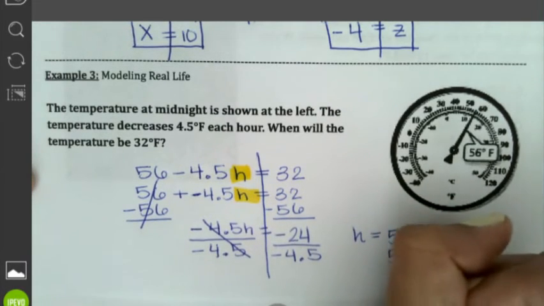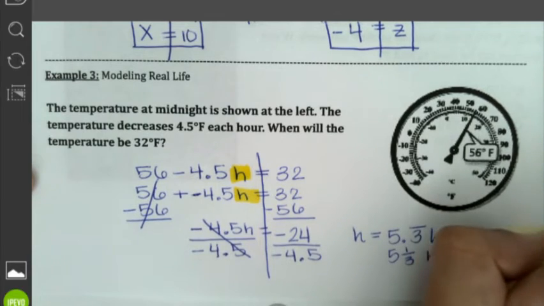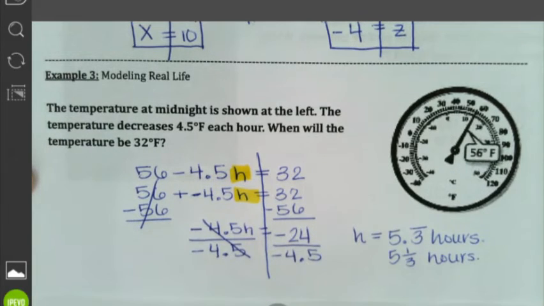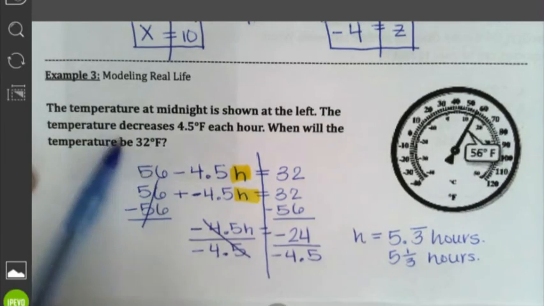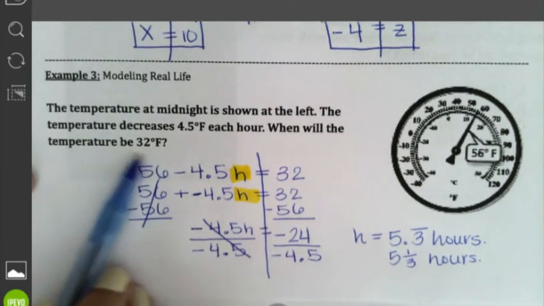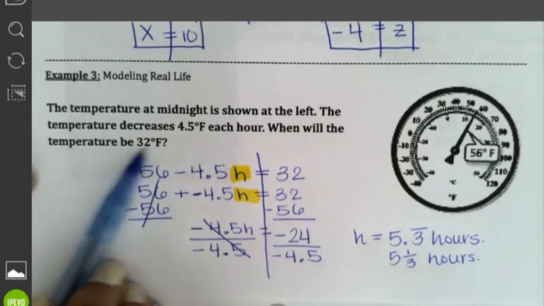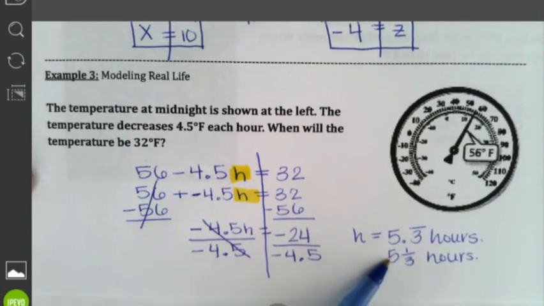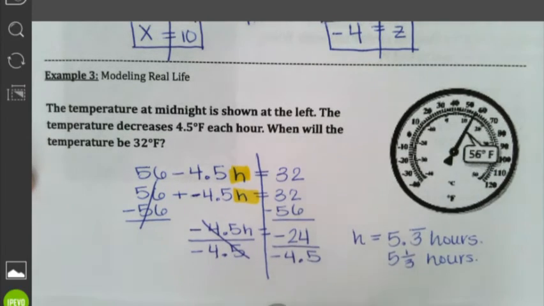You could also write that as 5 and 1/3 hours. And I'm actually going to write, let's see, this is past midnight. So if we're at midnight, 12, 5 and 1/3 hours for it to be at 32 degrees Fahrenheit. So that becomes 5 a.m. and 1/3 of an hour is 20 minutes.